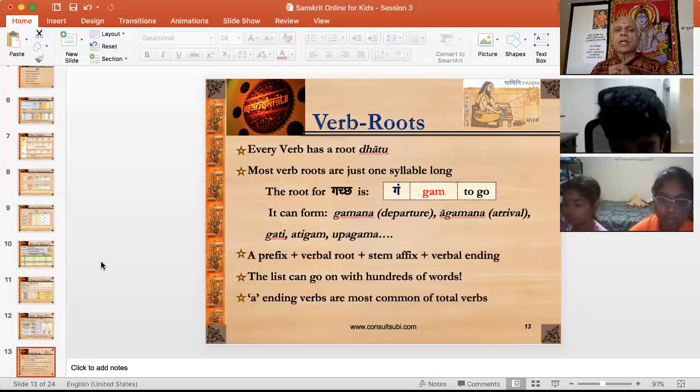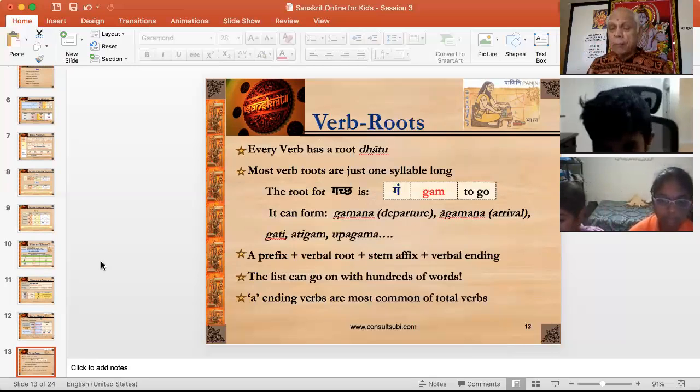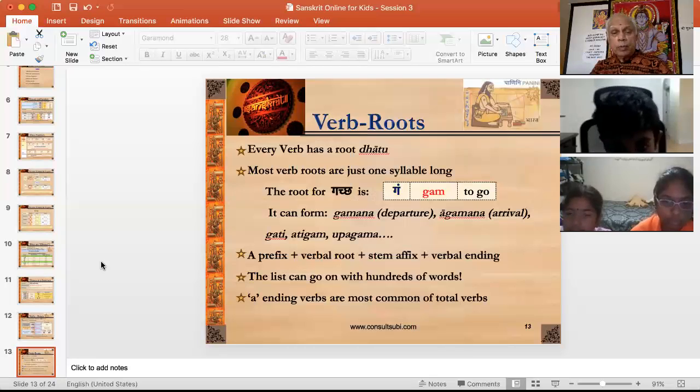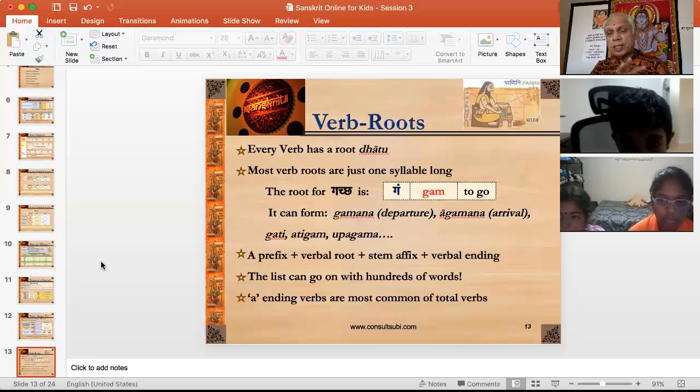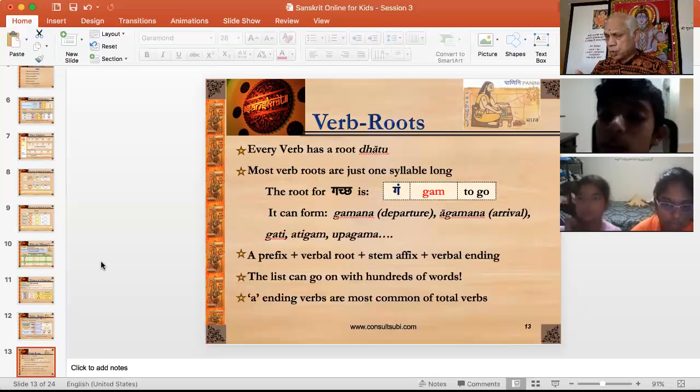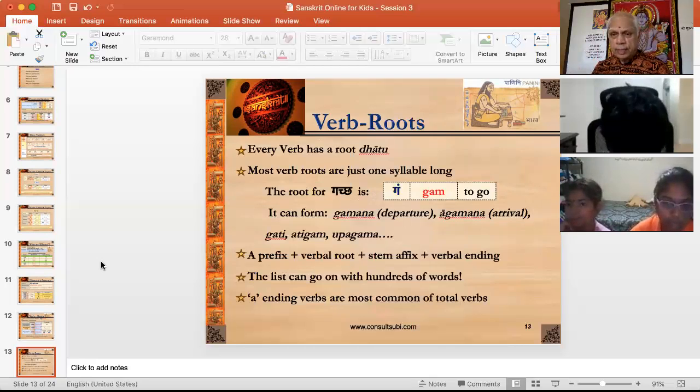That gives you the complete verb. So it is a little difficult, but as you go on, I'm going to give you more examples, and don't worry too much about it. It's only the basic principle. Once you start reciting the verbs, as I'm going to show, it becomes very easy for you.